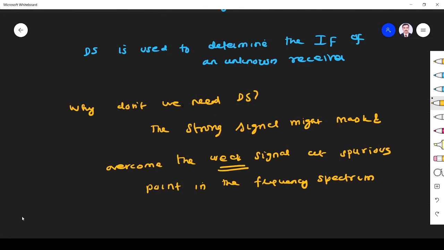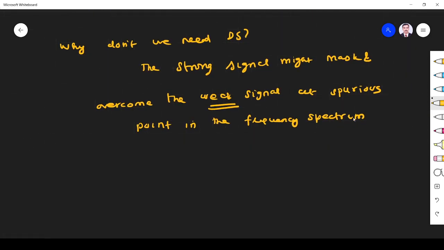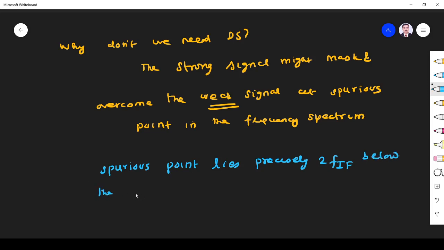Another important thing we should know about this spurious point is that it lies precisely 2 FIF below the correct frequency.